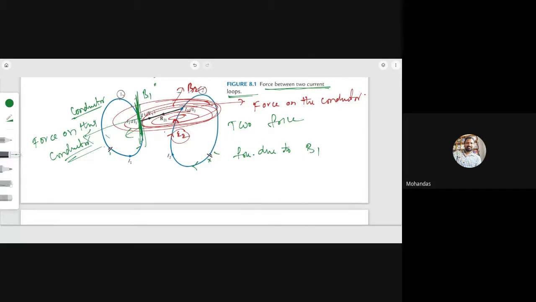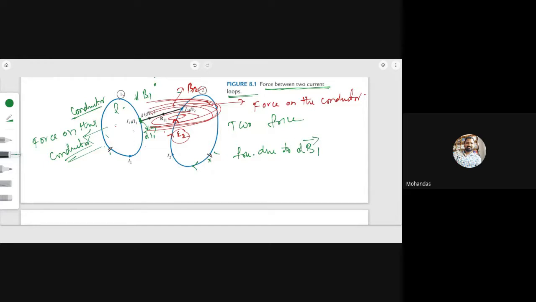But here what I am doing is, out of the total length L, here I am taking a differential length. Here I am taking a differential length dl1. So due to this differential length dl1, the magnetic field is dB1.